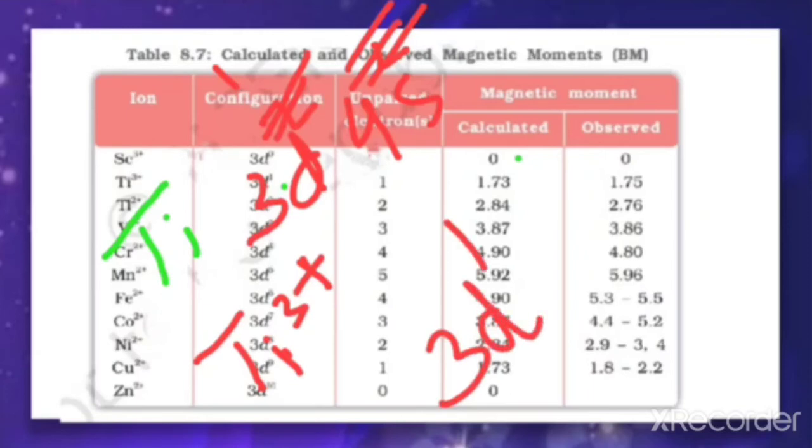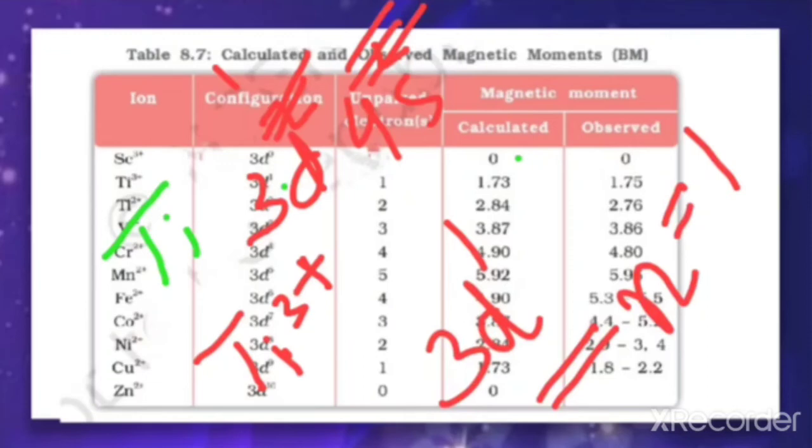So the Ti3 plus ion has a single electron in 3d, that is an unpaired electron. What about the other electrons? Those inner to 3d are all paired. We know that only after filling the inner orbitals do we fill the others. So there is a single electron in d, and the number of unpaired electrons is equal to 1.